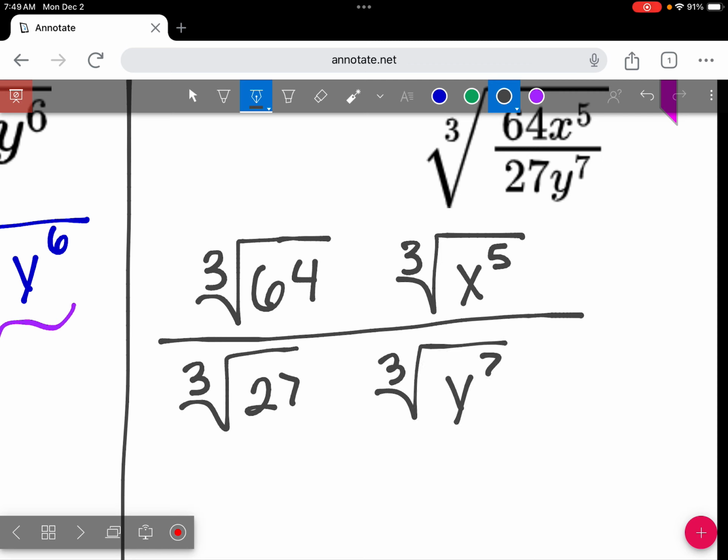It's gross, but if you split it up like this, taking each separate term, my numbers separate from my x's, separate from my y's, it makes it easier because you just zoom in. Because I just want to look at first things first, this cube root of 64.